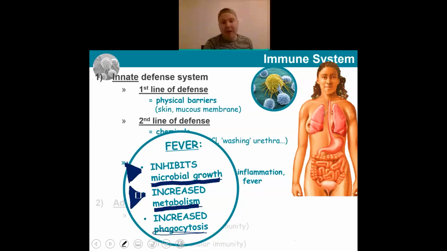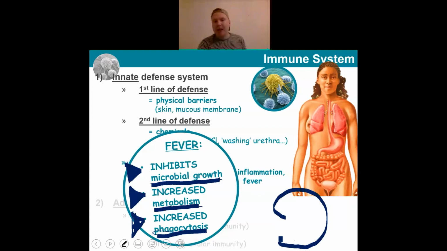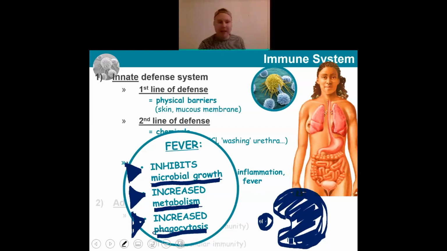And finally, what fever also does, higher temperature does, is that it promotes phagocytosis. Phagocytosis was this eating of a pathogen that shouldn't be in your body by a phagocytotic cell. So this cell, this big one that we see here, is going to find something that shouldn't be in our body.